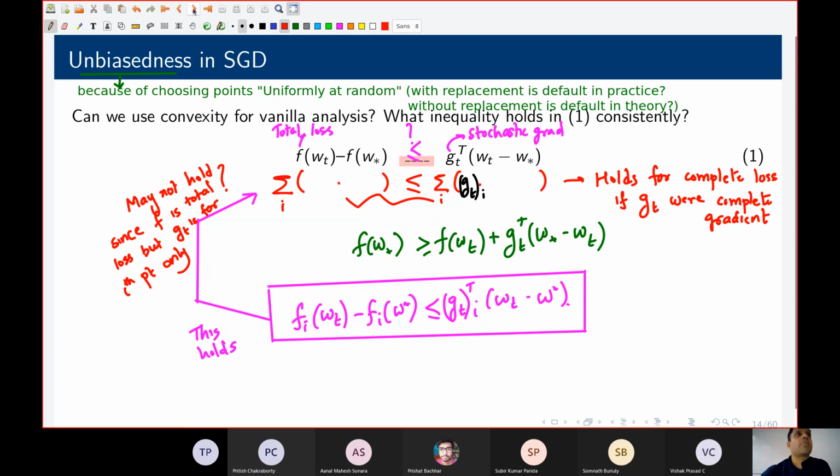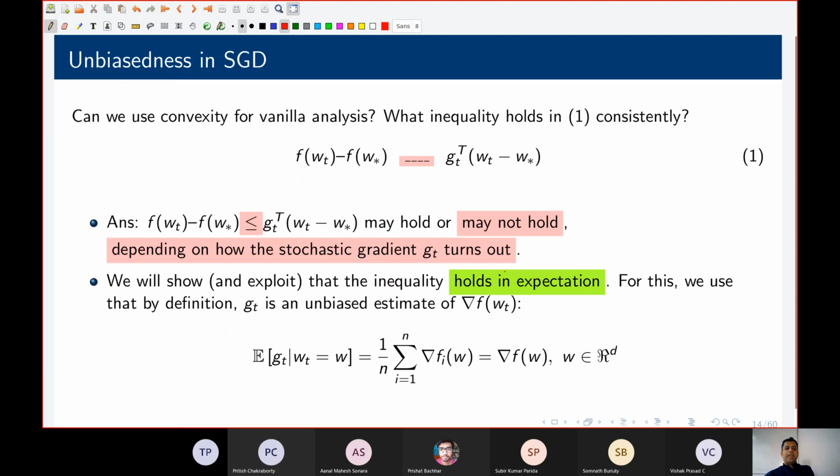So that's the challenge we have. It may hold or may not hold depending on how the stochastic gradient GT turns out to be. However, the saving grace is that this inequality holds in expectation. In some sense that also helps. Some of the analysis we'll do later on, we'll build on this when we do subset selection as well. This holds because GT is an unbiased estimate of the gradient of F at WT, because we have picked the point uniformly at random.